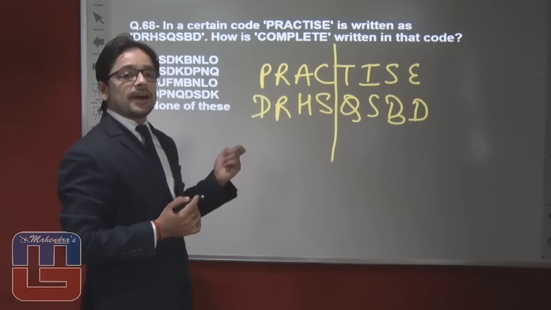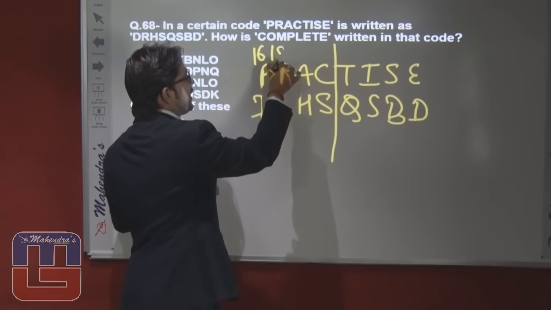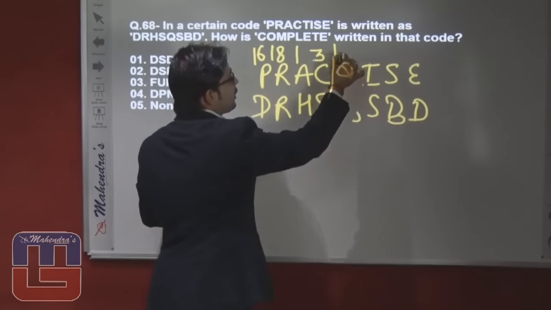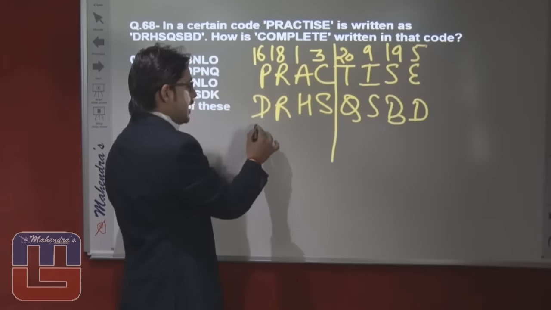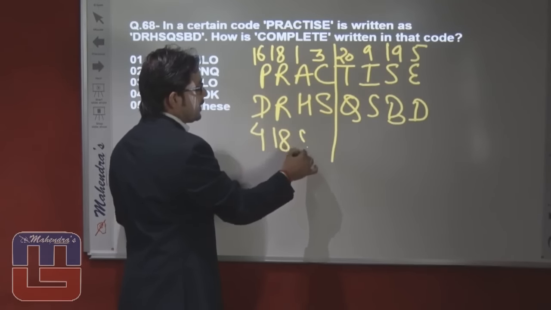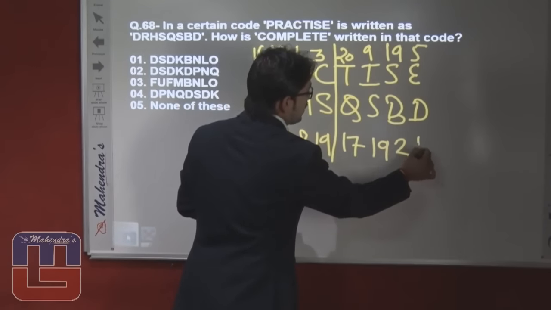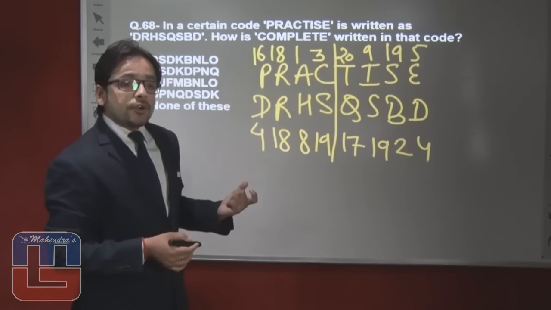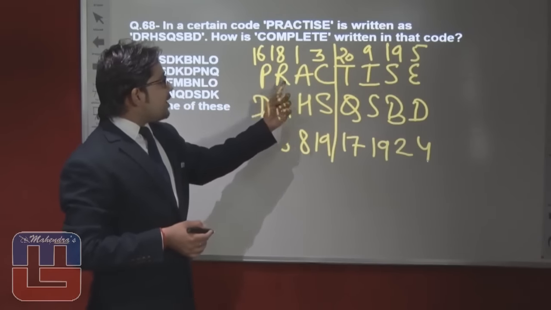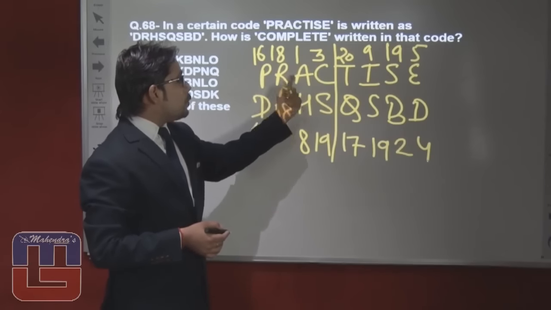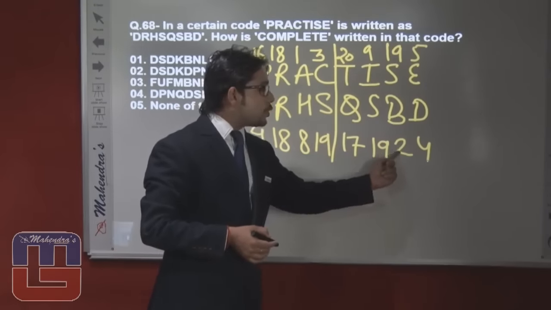Now write down the coding of each and every alphabet, that is 16, 18, 1, 3, 20, 9, 19, 5. Again 4, 18, 8, 19, 17, 19, 2 and 4. Now try to find out what can be the pattern. As you can see here, starting 4 are 16, 18, 1 and 3. And last 4 will be 17, 19, 2 and 4.